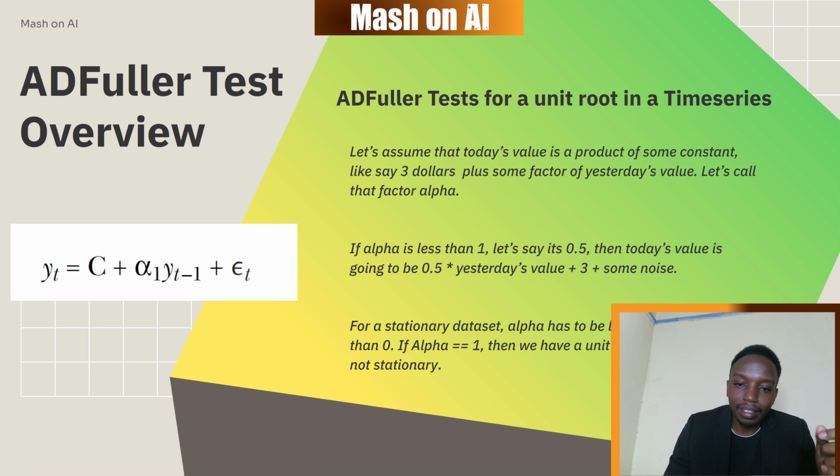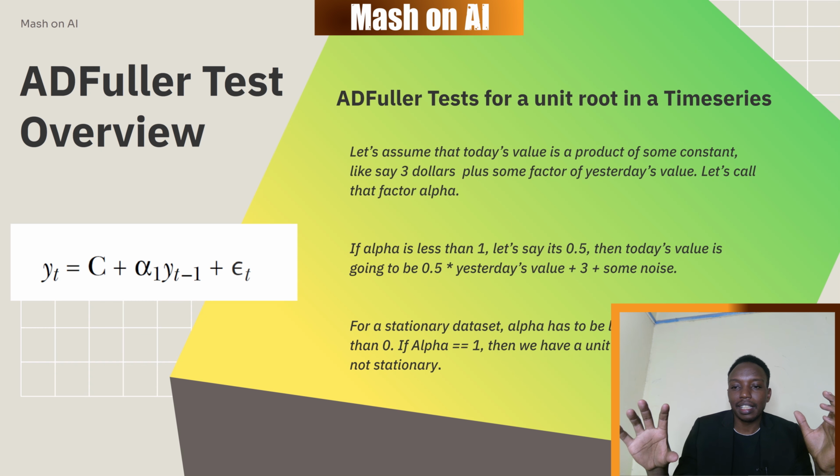The value of yesterday is weighted by a coefficient alpha. If alpha is less than 1, then the data is stationary, which makes sense because if today's value is 0.5 of yesterday plus some constant and some noise, the data is not rising.